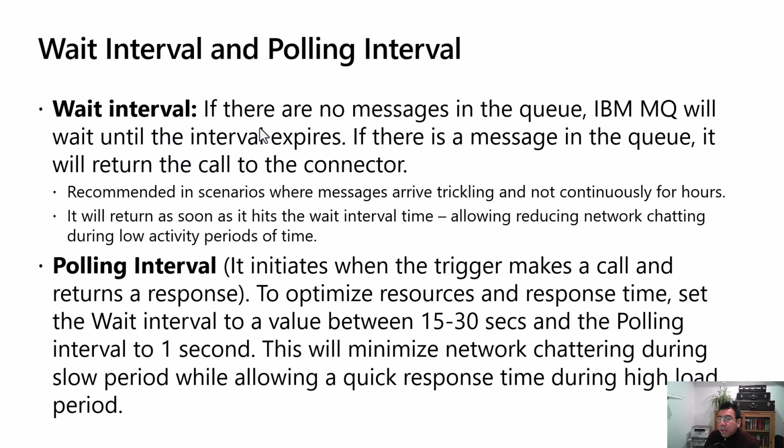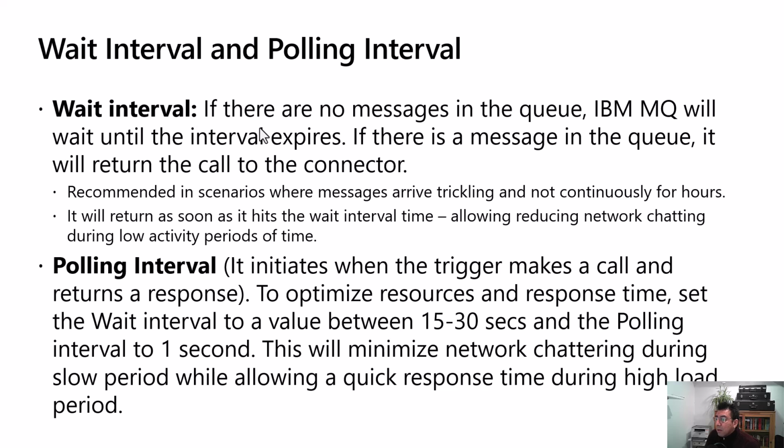Now, where the polling interval comes into play is that it will initiate when the trigger makes a call and returns a response. To optimize resources and response time, you have to set the wait interval to a value between 15-30 seconds and the polling interval to 1 second, for instance, right?